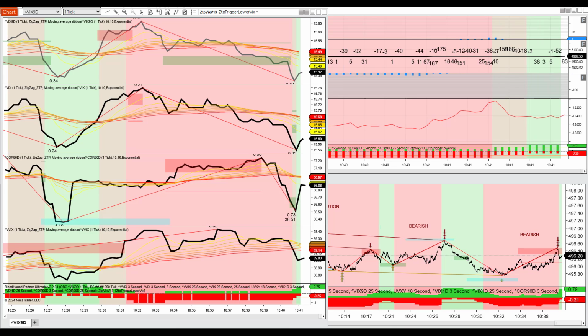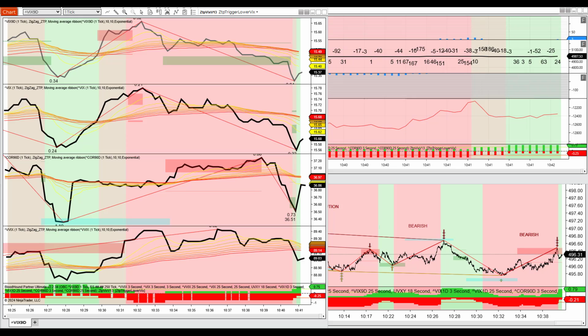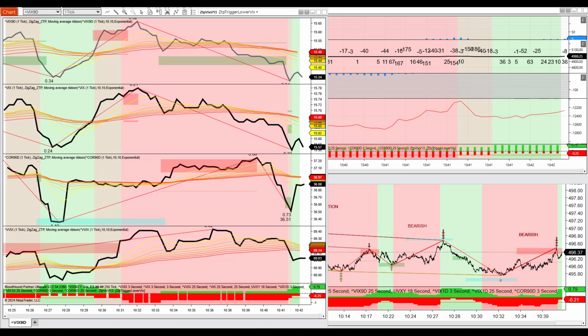What's really important is watch the price, and right here where we would have approximately entered the trade, all of the VIX Bloodhound symbols are now green. We could exit this trade for no loss.